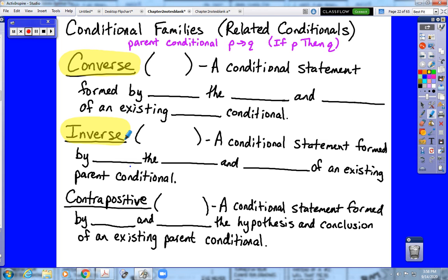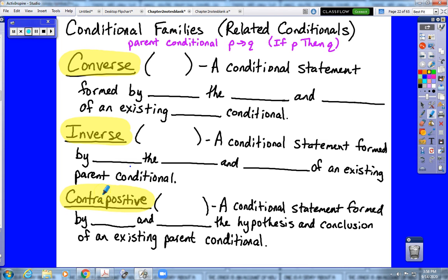So converse, inverse, and contrapositive are all vocabulary words. The converse is the most important related conditional to our original statement. Our original statement is P implies Q. The converse is Q implies P. In other words, it is a conditional formed by switching the hypothesis and conclusion of an existing parent conditional.